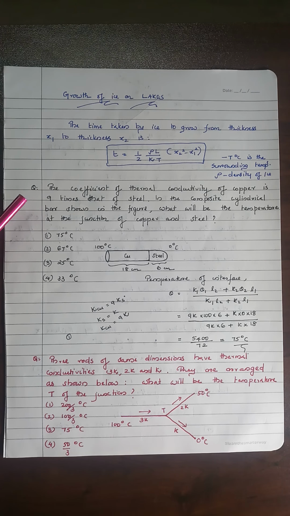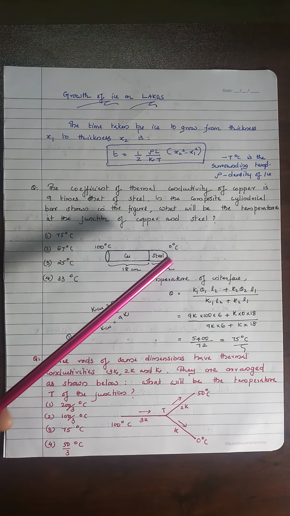The coefficient of thermal conductivity of copper is 9 times that of steel. In the composite cylindrical bars shown in the figure, what will be the temperature at the junction of copper and steel? As I look at the figure, we can simply use the temperature gradient concept for this layer equal to this layer.